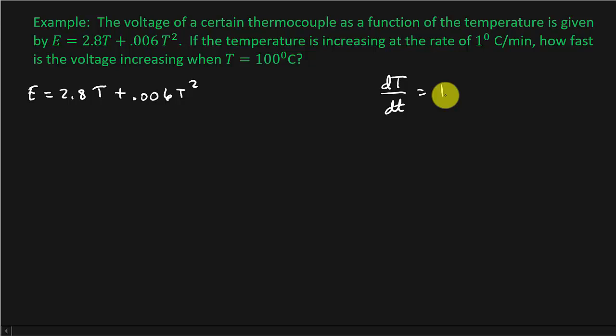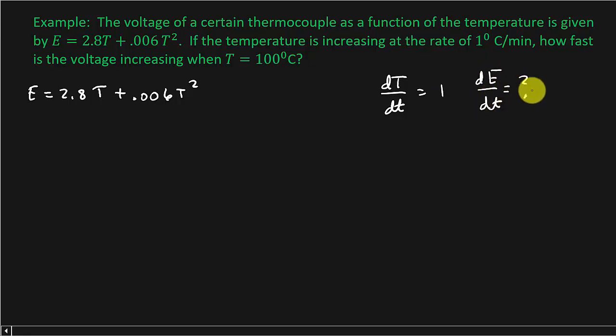And they want to know how fast the voltage is increasing. The voltage is changing, right? So that's dE/dt. That's what we're trying to find. If E is the voltage, then dE/dt is the change in the voltage, and that's what we're looking for. And then they want to know this for when T is equal to 100 degrees Celsius.